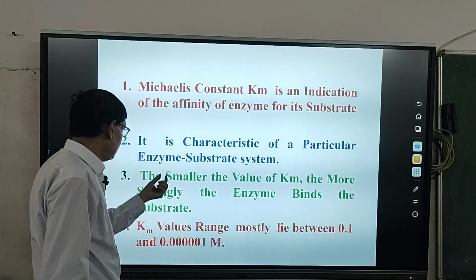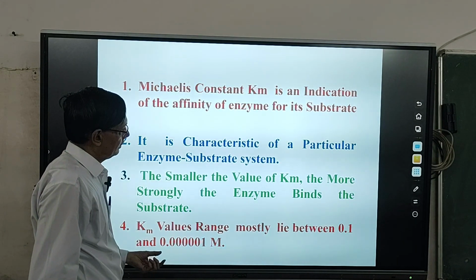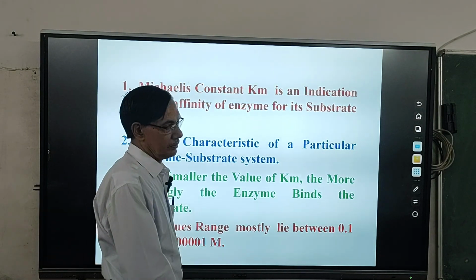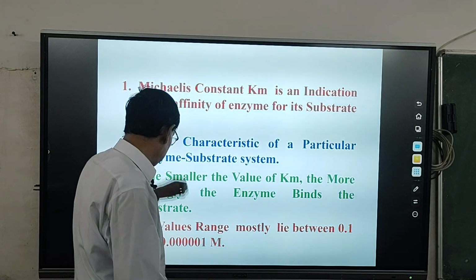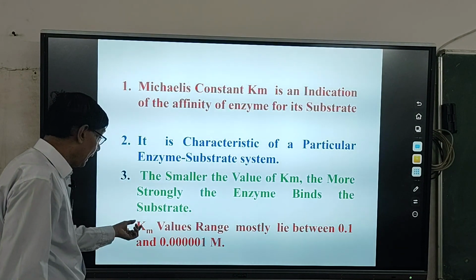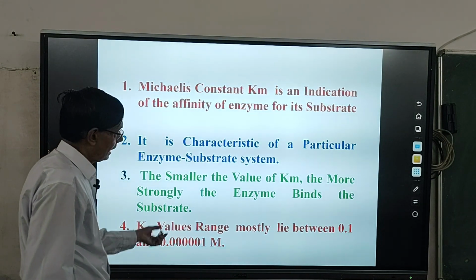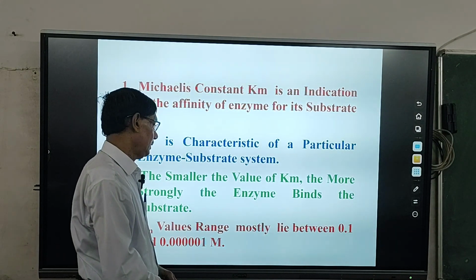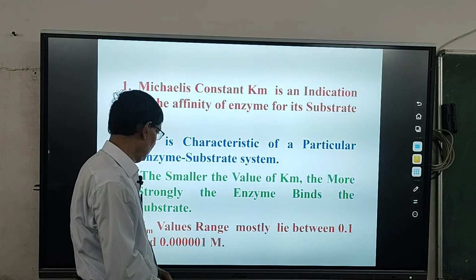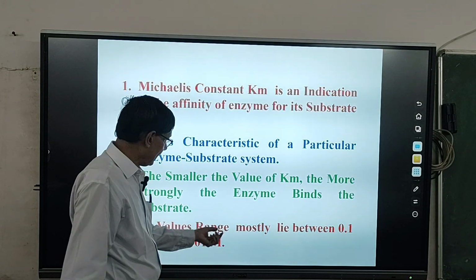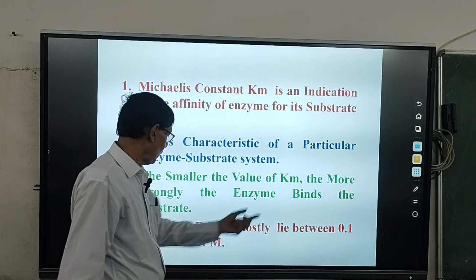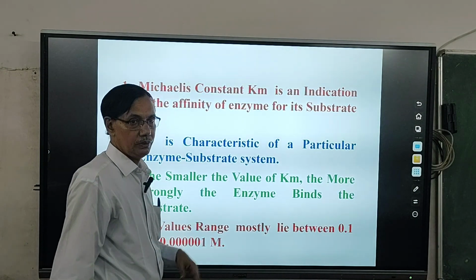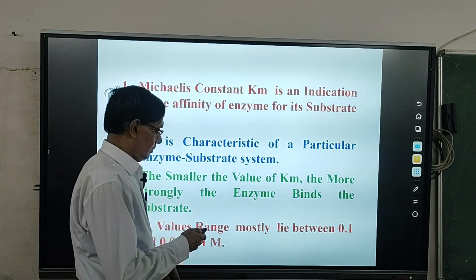And if the value is smaller, then the more strongly the enzyme binds the substrate. And you see the range of these Km values. I will not show you the range of some of the values of the Michaelis-Menten constant, but Km values mostly lie between 0.1 to 0.000000 M. So this is the value of Km.